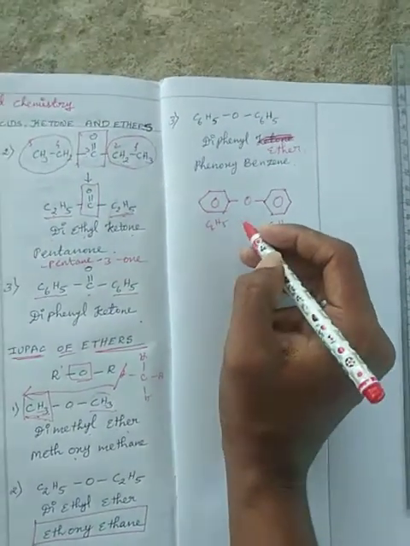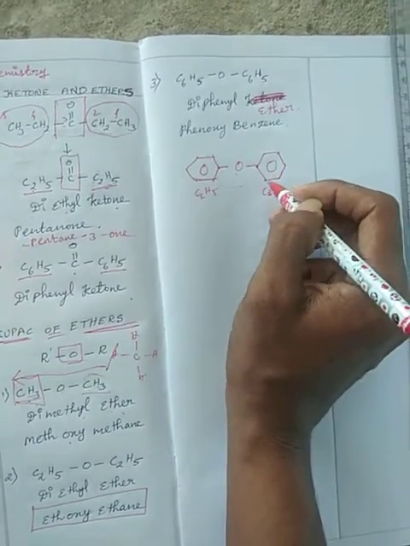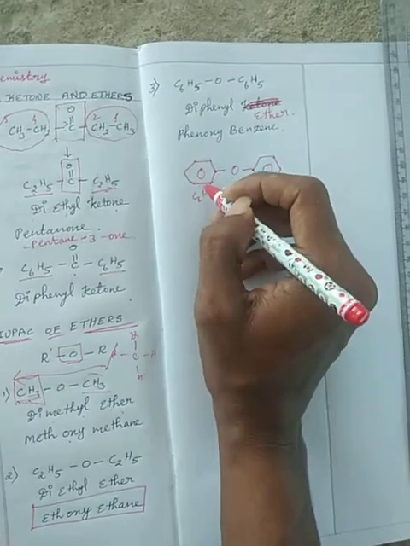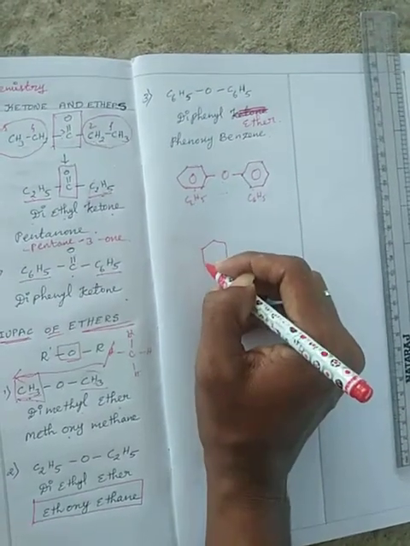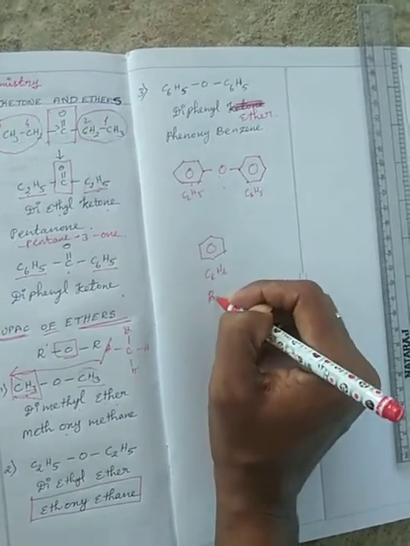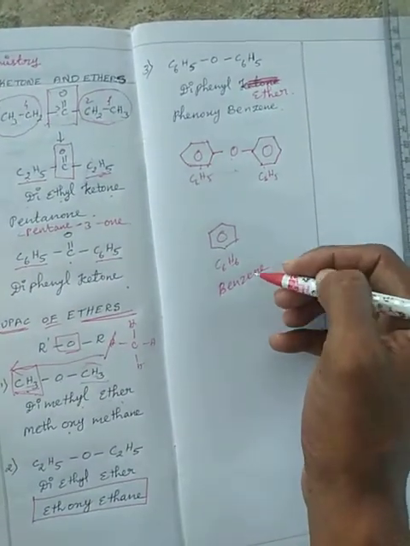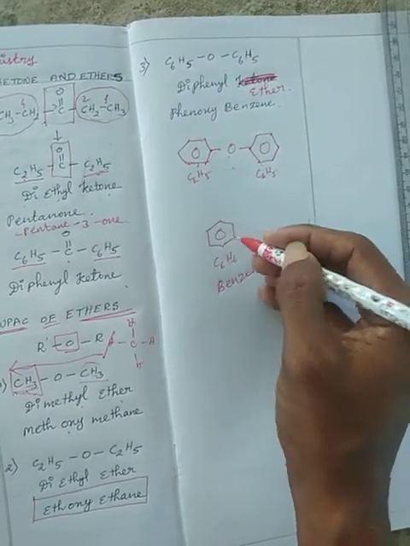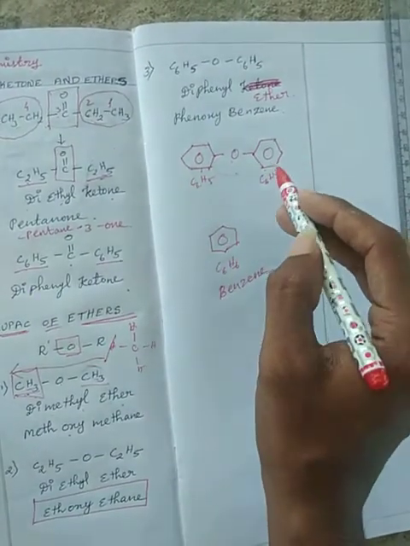So for the IUPAC name we use the phenyl group, so phenyl oxy, and here the other part is C6H6, which is benzene. The original name is benzene.